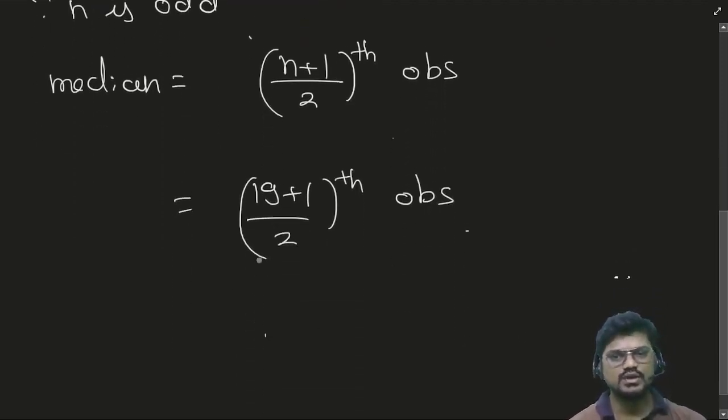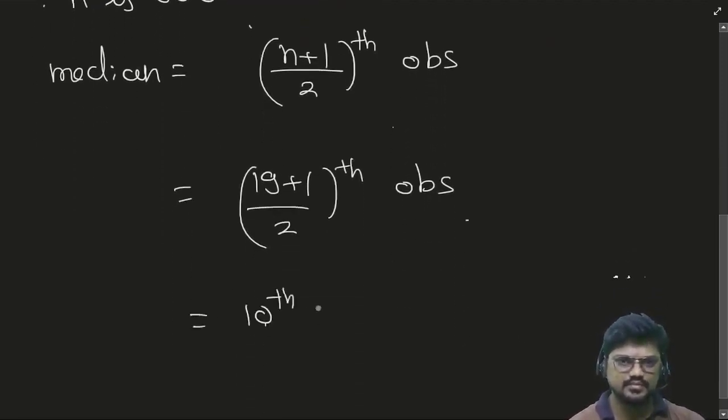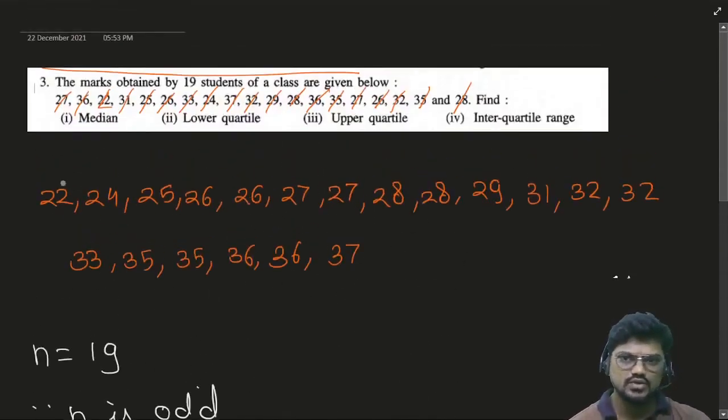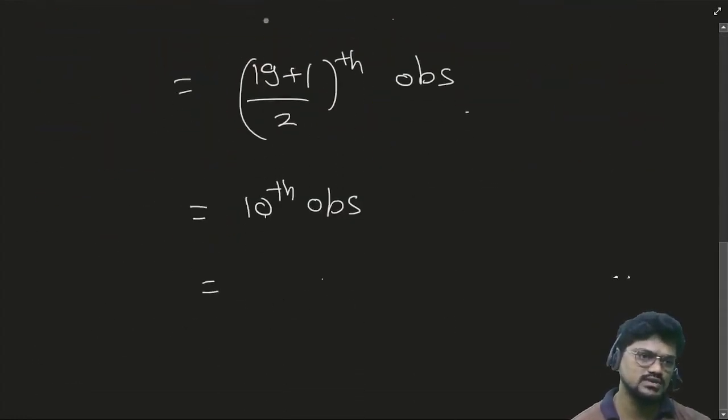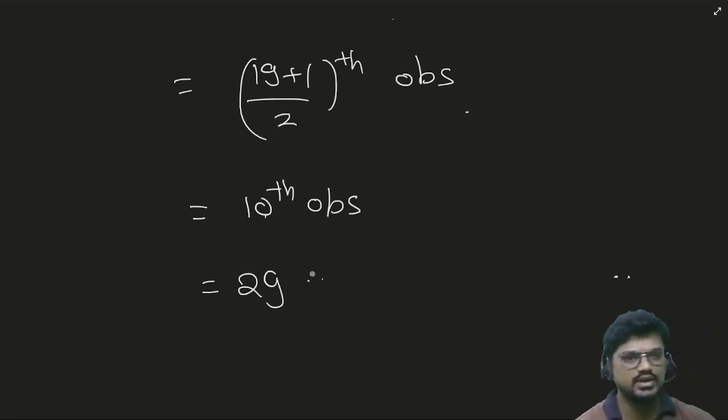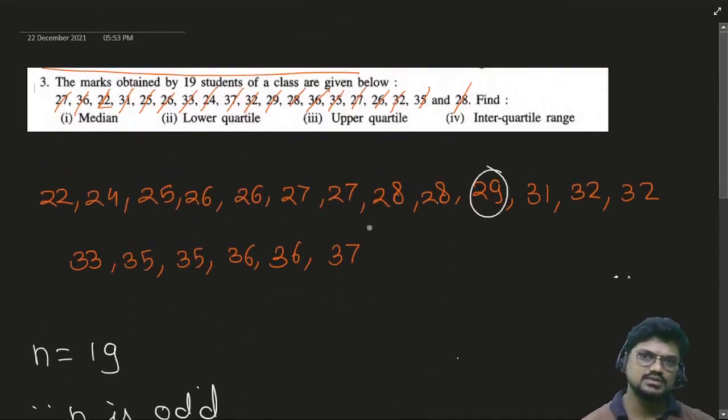That is 20 by 2, that is the 10th observation. Count the 10th observation from the given data: 1, 2, 3, 4, 5, 6, 7, 8, 9, 10. So your median is 29. Is that clear? The 10th observation will be your median, and that is 29.